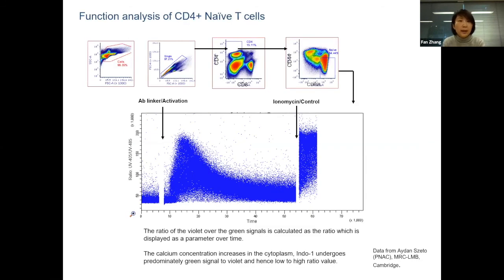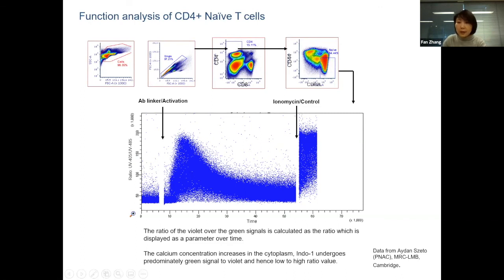So this is an example looking at calcium influx in naive T cells. The naive T cells are first defined by their surface markers. And then an antibody linker was used to stimulate calcium influx in naive T cells.